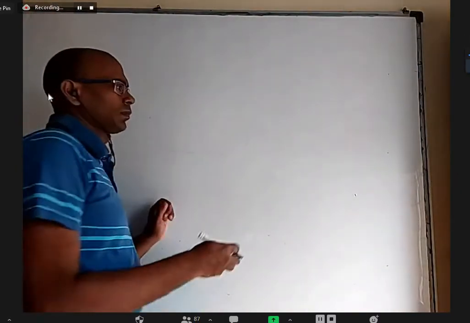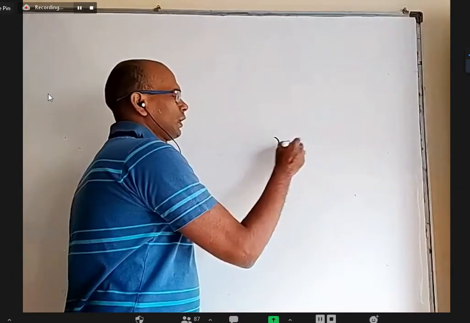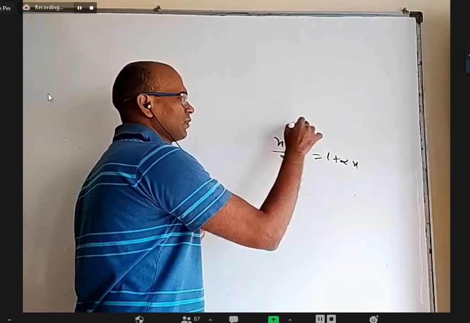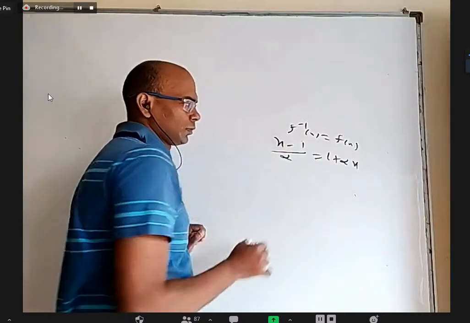Sir, only one more doubt. When I simplified x minus 1 by alpha equals 1 plus alpha x, correct, this is f inverse x and this is f of x. Okay. I got a quadratic in terms of alpha.